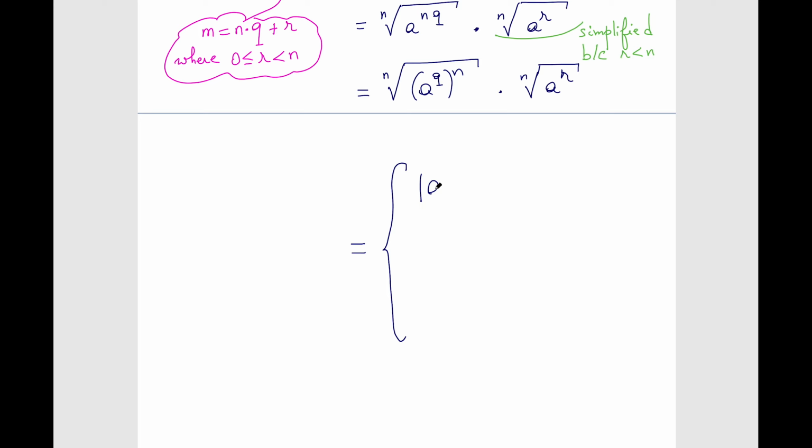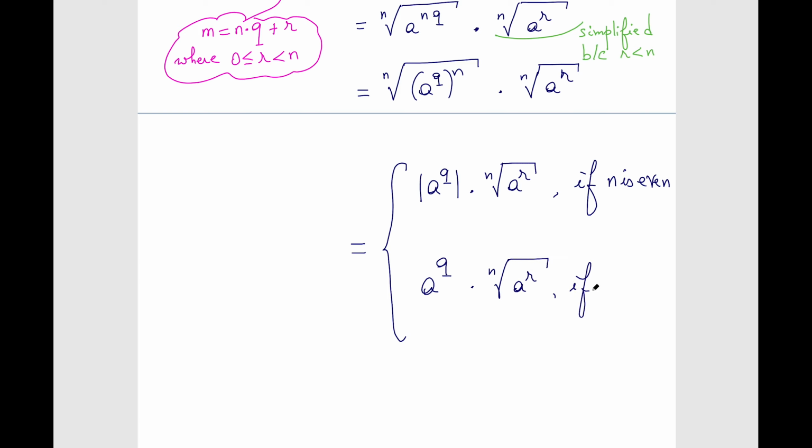It's the absolute value of a to power q times the nth root of a to power r if n is even. And in the other case, when n is odd, they undo each other in a clean way. So we get a to power q times the nth root of a to power r, right? So this is if n is odd. Correct?